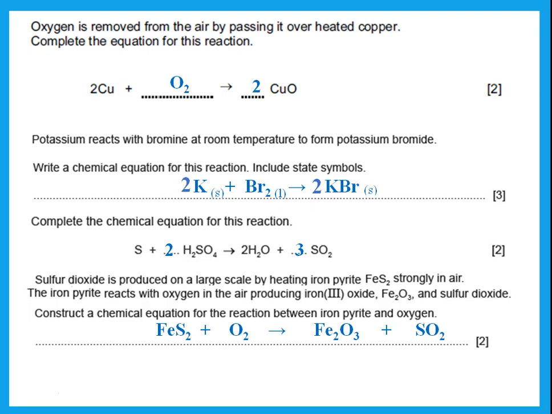Can you sit down and try and balance this? Take a minute to balance and check. You will need 4 irons on both sides, you will need 8 sulfurs, and you will need 2 times 11 oxygens. Are you able to get that?